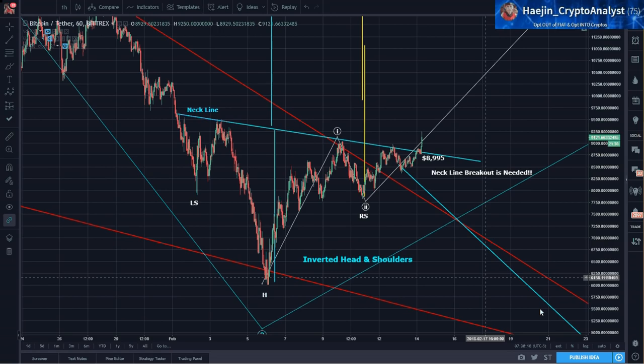You can make mistakes, absolutely. But more often than not, you do have success. So with a good degree of confidence, we can now say that the inverted head and shoulders bottom, which is bullish, is complete and now confirmed.